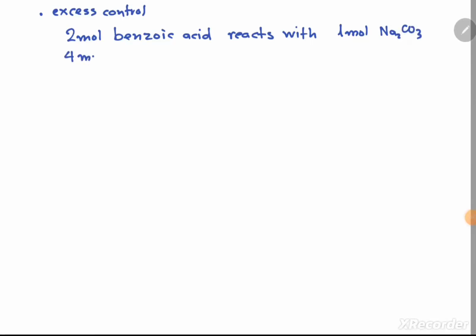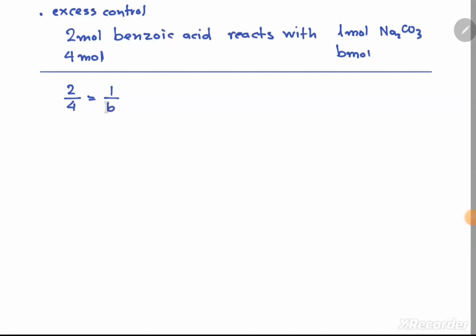We suppose that the amount of benzoic acid, 4 moles, reacts completely, to give x moles sodium carbonate. We solve the ratio, and we have 2 moles sodium carbonate.